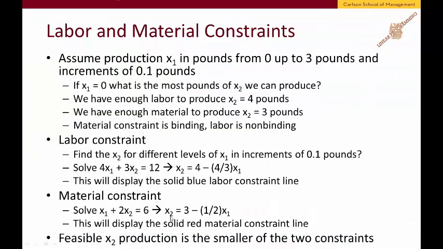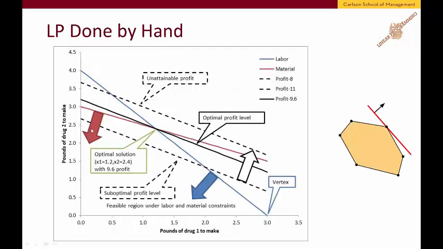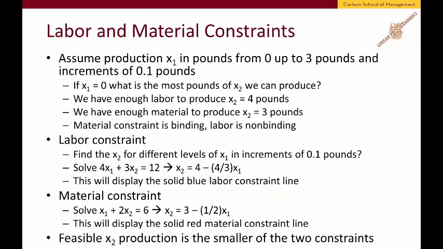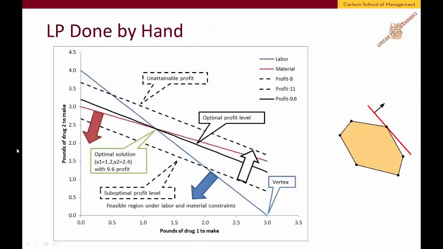So this equation is the red line on the chart. It starts at the intercept b of 3, as shown here, and the slope is much shallower compared to the labor, so that's why it goes like this and crosses it at the point we know to be the optimal solution.